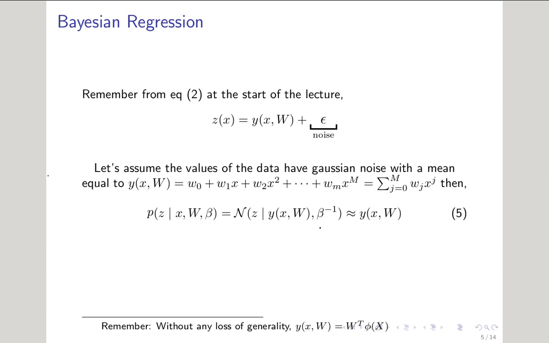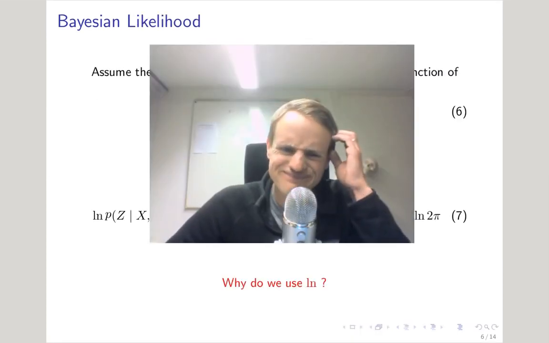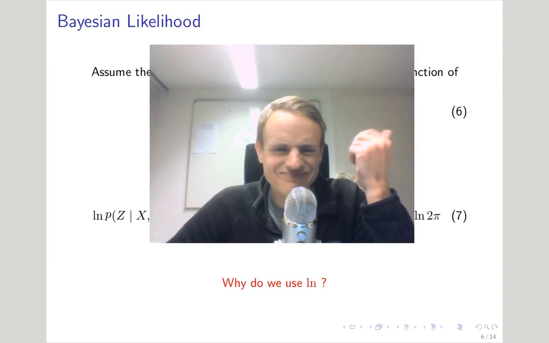We can write the probability of z given the input values of x, the values of y, and the values of beta. And by y, I mean the function of x and the parameter values of w. Okay, so what?